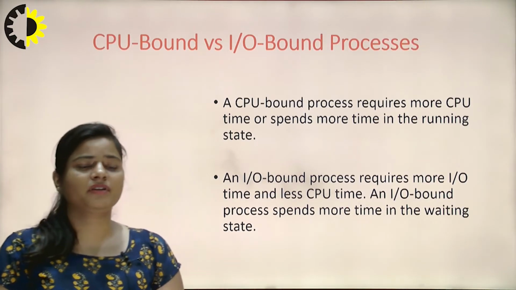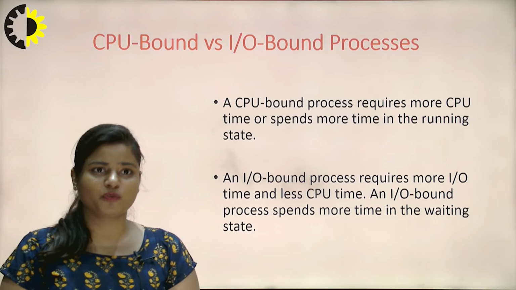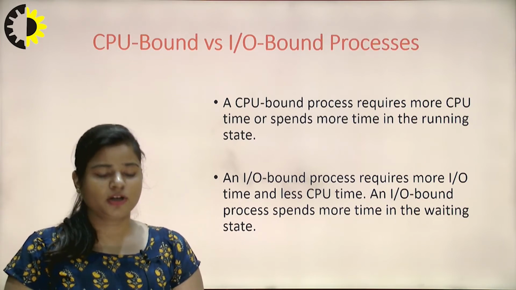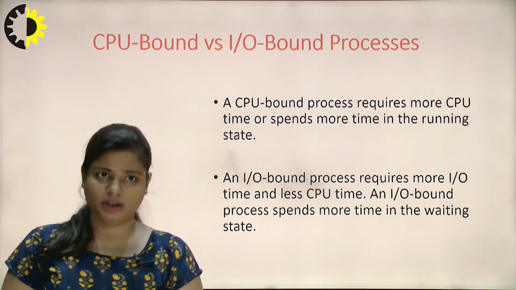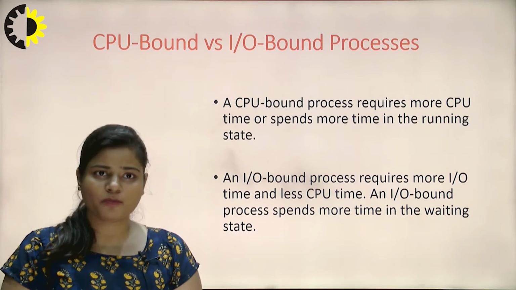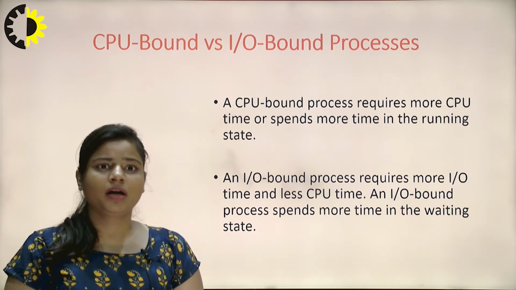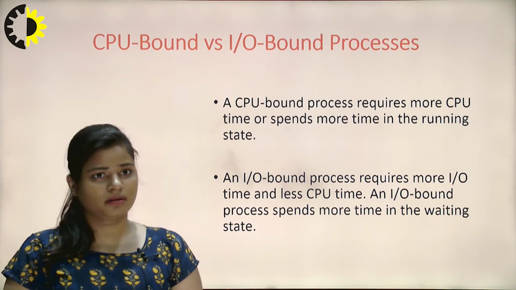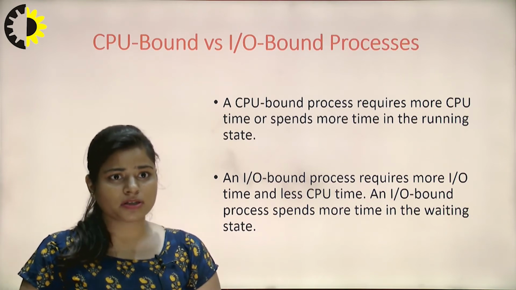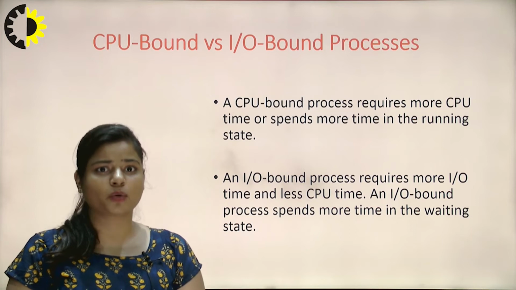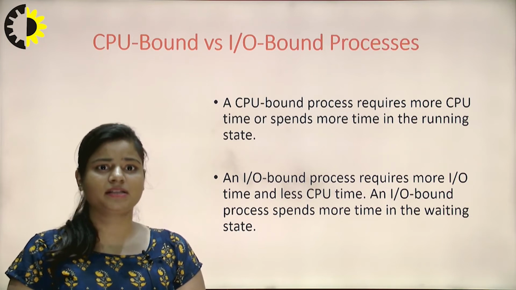Now the next topic is CPU bound versus IO bound processes. So first we will learn about what a CPU bound process is. A CPU bound process requires more CPU or spends more time in running state. Whereas an IO bound process requires more IO time and less CPU time.